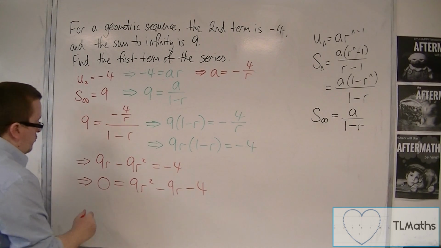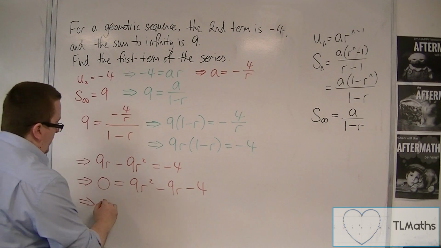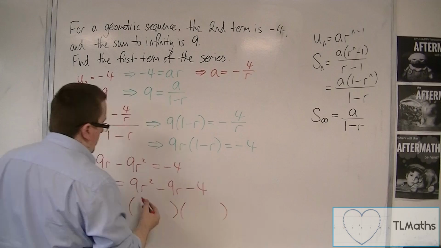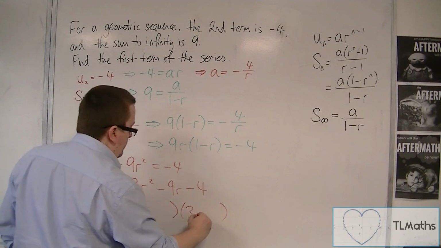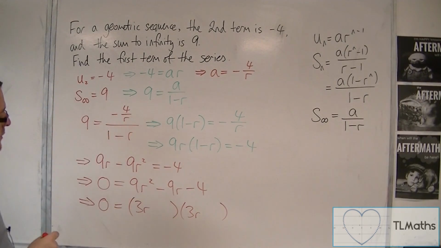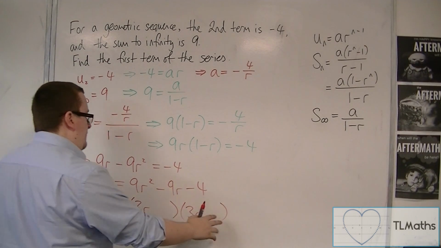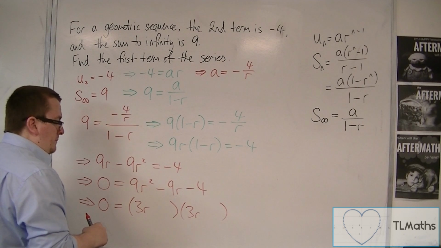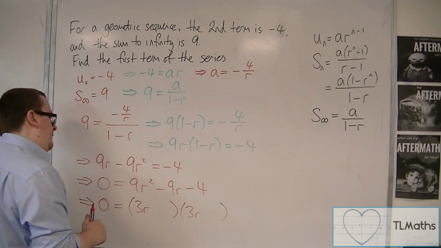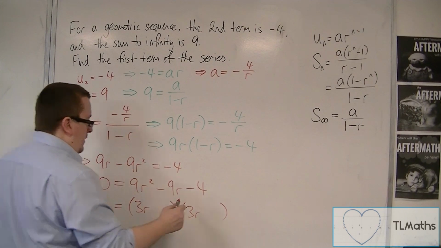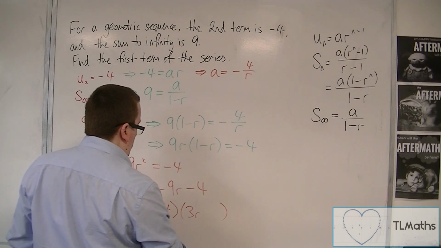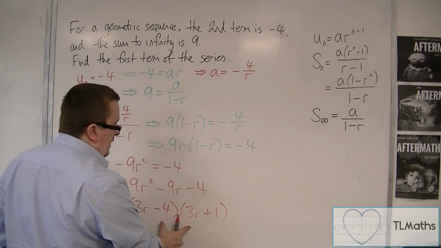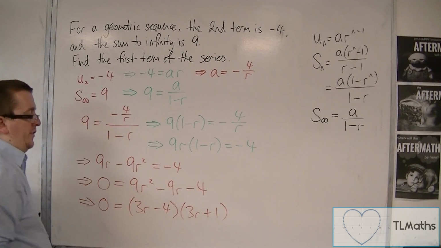This quadratic, we're going to try and factorise it. So, let's have a go with 3R and 3R. Okay? So, we have to have two numbers that multiply together to make -4. So, it makes sense to have -4 and +1 because we're going to have -12R plus 3R makes the -9R.